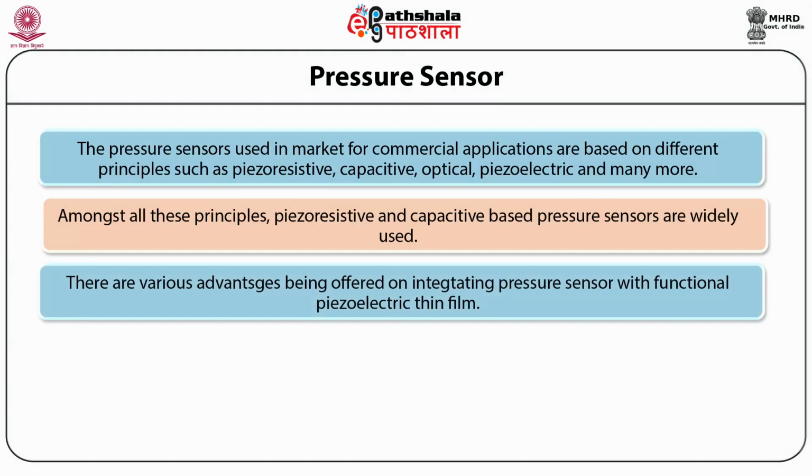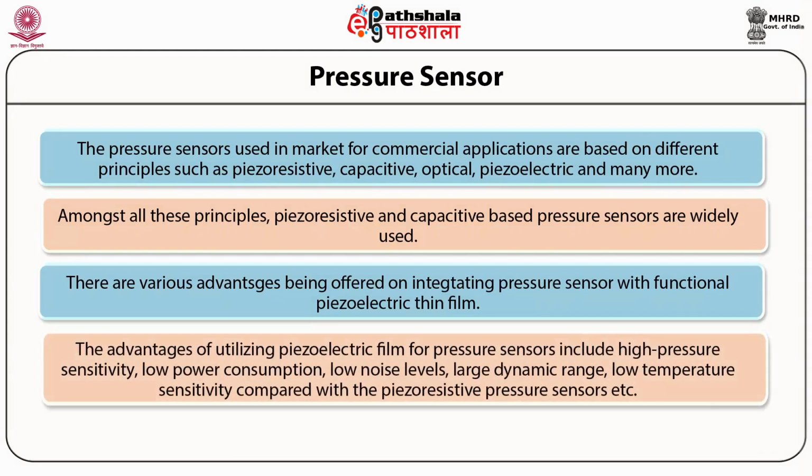There are various advantages offered by integrating pressure sensors with a functional piezoelectric thin film. The advantages of utilizing piezoelectric film for pressure sensors include high pressure sensitivity, low power consumption, low noise levels, large dynamic range, and low temperature sensitivity, which is very good as compared to piezoresistive pressure sensors.